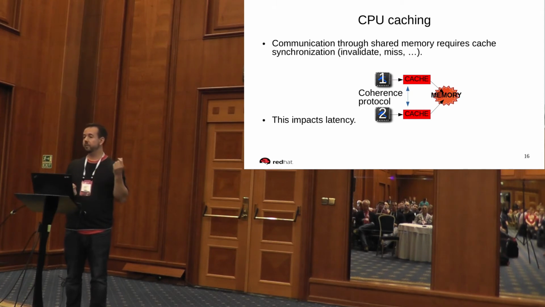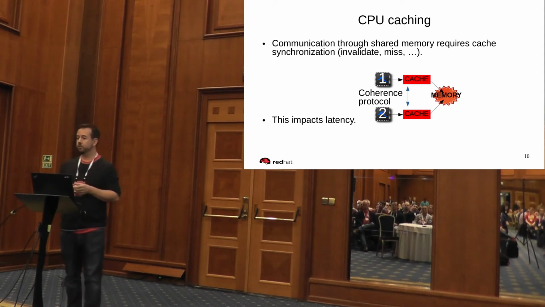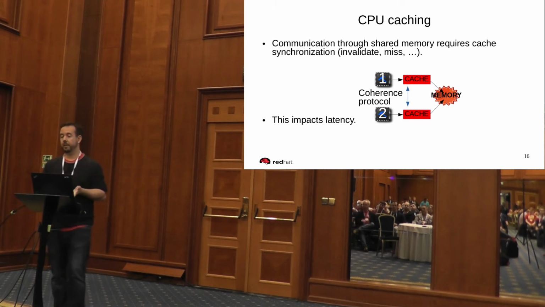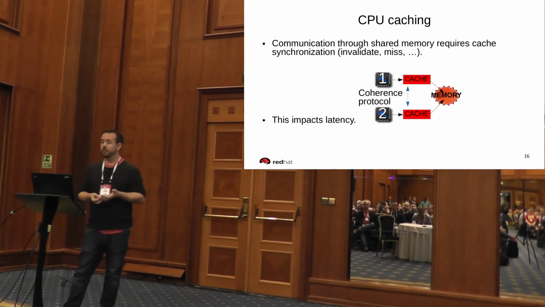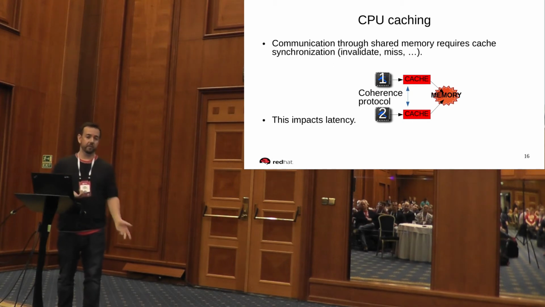They do that by exchanging cache coherence protocol messages. For example, on some architectures, when a CPU accesses memory that was previously accessed by another CPU, that will also cause a cache miss. And the number of these messages that are exchanged and the misses will directly impact the communication latency we have here.